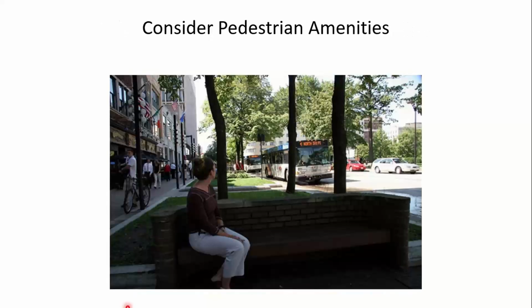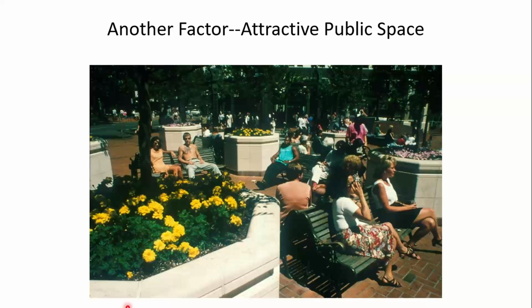I mentioned considering amenities, benches here. This is, I forget where this is, but nearby there's also the urban art and other things to liven up the streetscape. And then it may sound paradoxical because we're not talking about walking or biking, but another factor that makes up an attractive streetscape is just public space where folks can sit or hang out or relax.